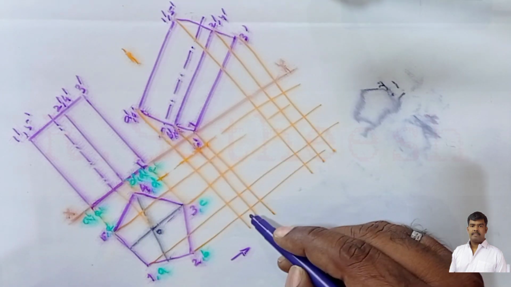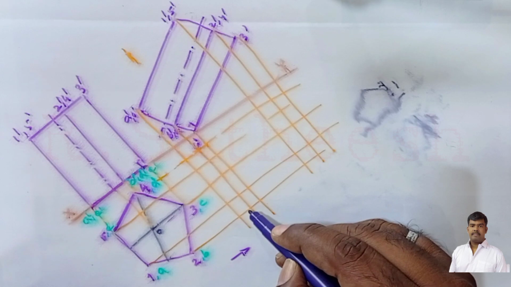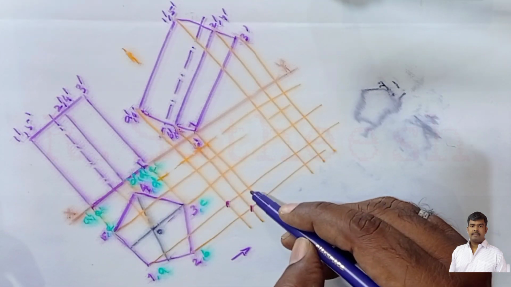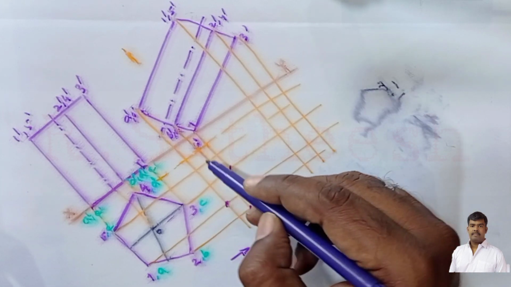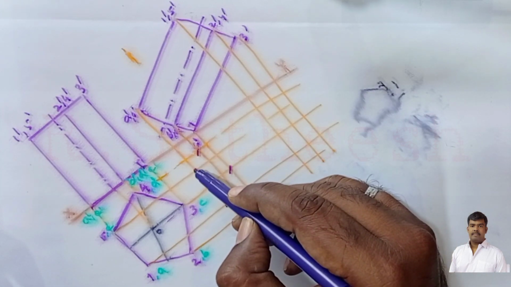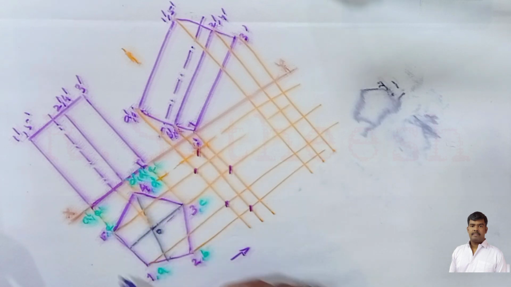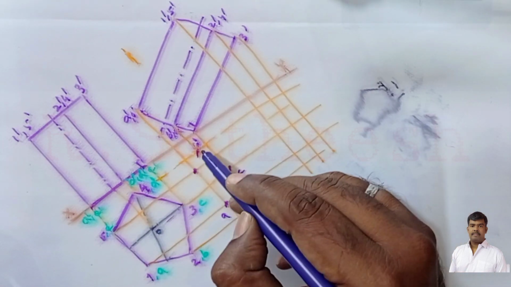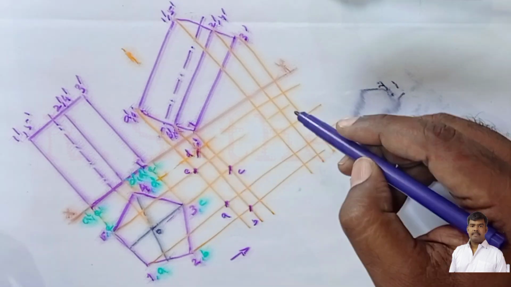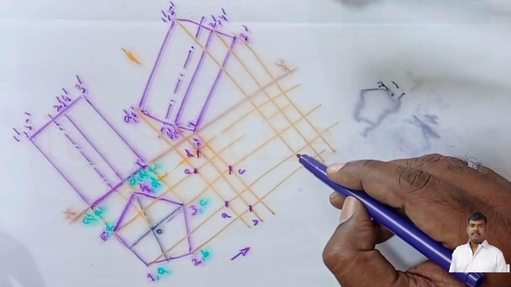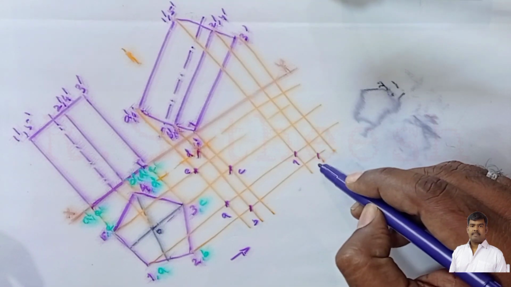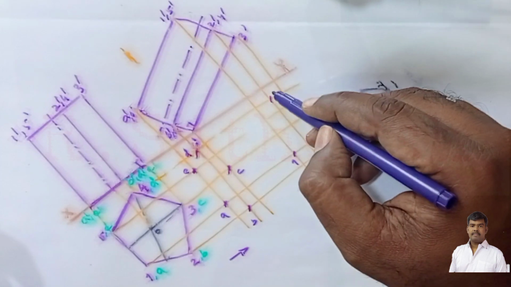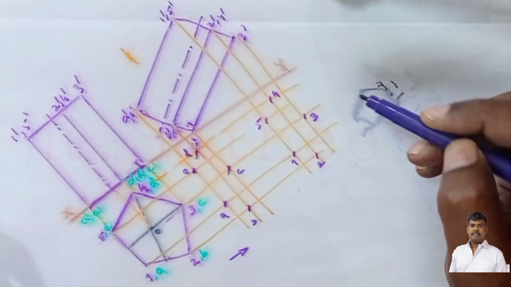A versus A, B and B, C, D and E, so the base is A, B, C, D, E. Similarly here 1 and 1, 2 and 2, 3 and 3, then 4 and 4, 5 and 5.